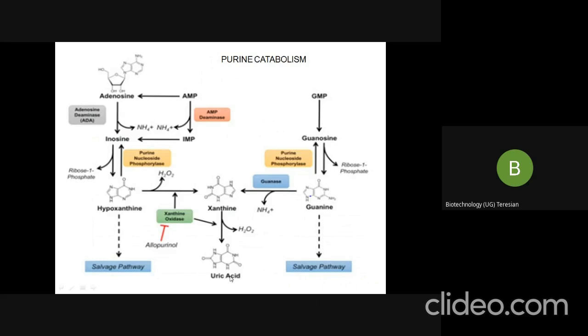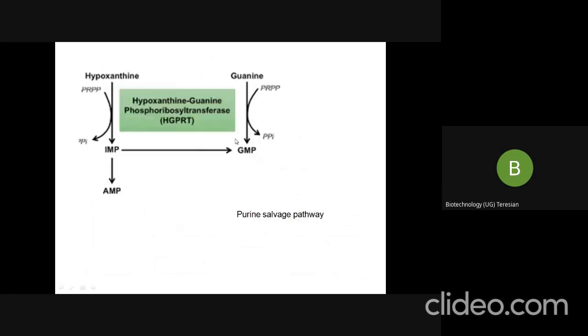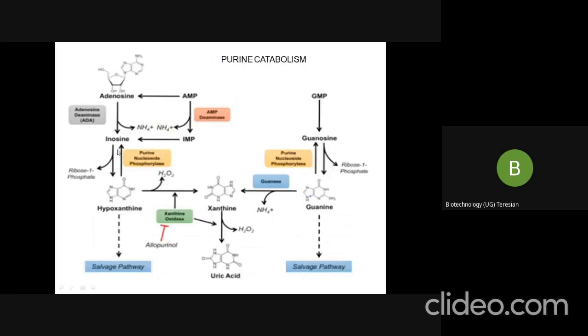What about your GMP? Till now we spoke about AMP. The GMP can get converted to guanosine, wherever you can see those arrow marks. They are reversible reactions. So your guanosine can get converted into guanine by the same purine nucleoside phosphorylase.